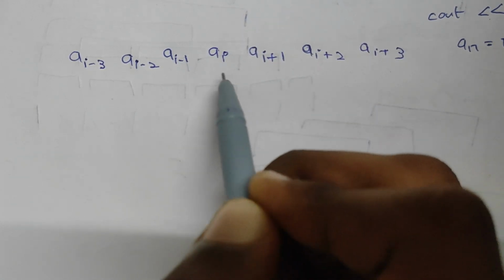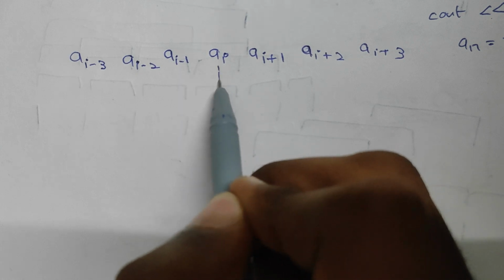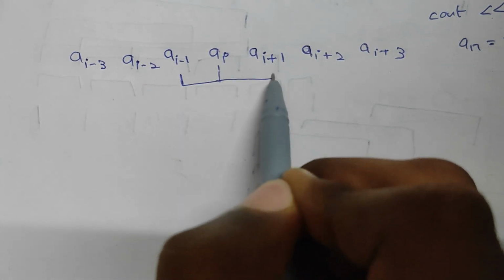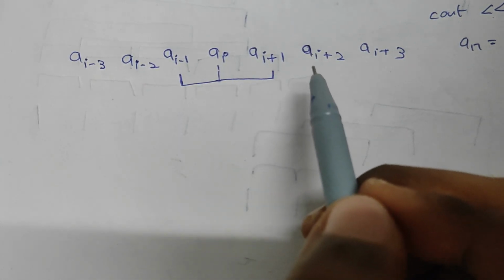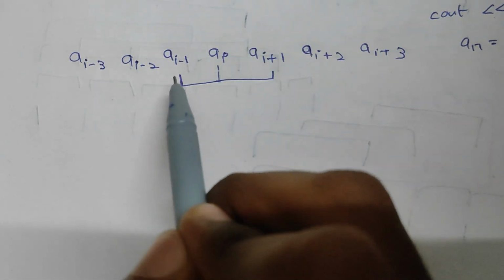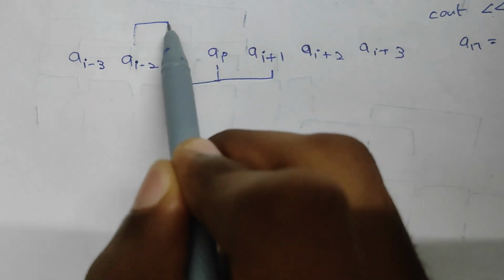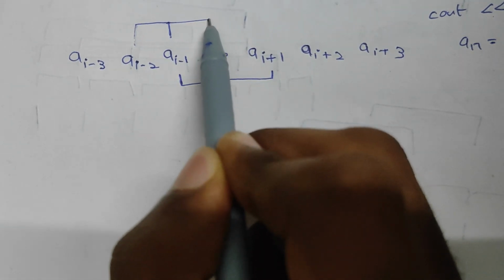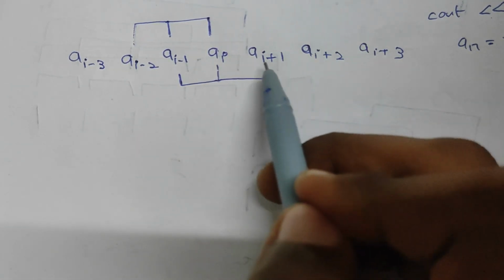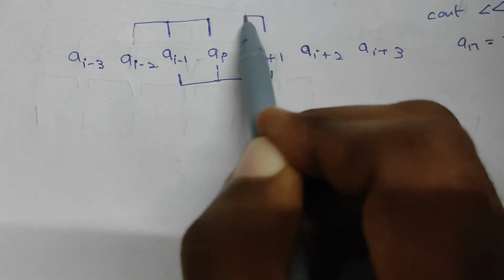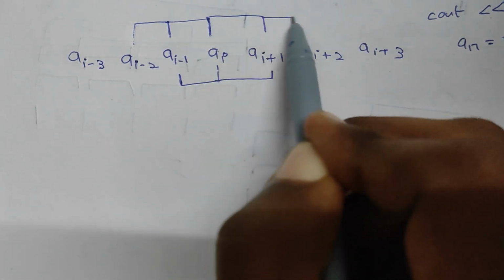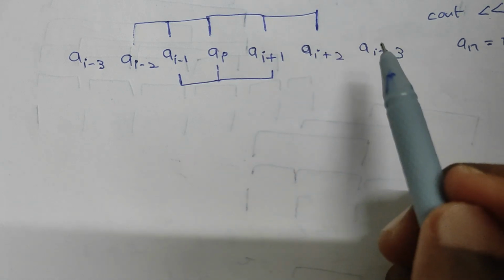So initially a_i will be affected by neighbors a_(i-1), a_(i+1). Similarly a_(i-1) will be affected by neighbors a_(i-2) and a_i, right? And in that same operation a_(i+1) will be affected by a_i and a_(i+2), right?